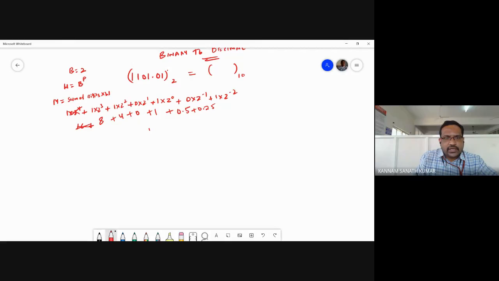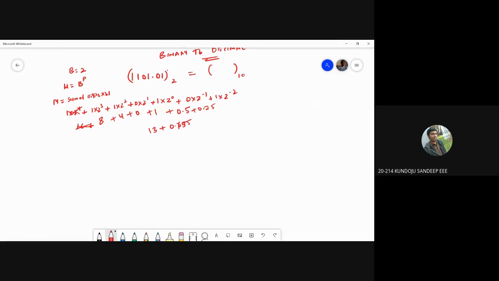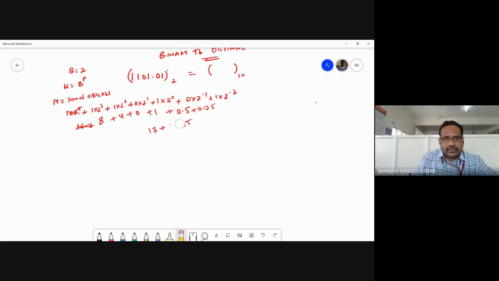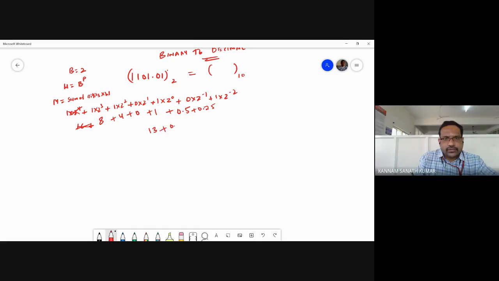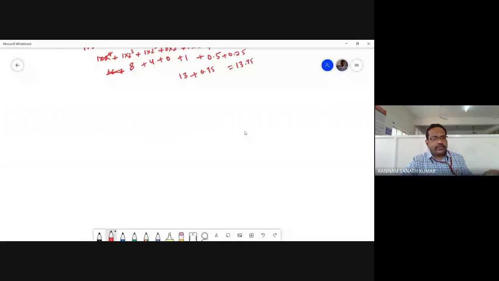So this is how much? 13 plus 0.75, no? 0.75. Am I audible, students? Yes, sir. 0.75. So this is 13.75. Okay, so this is how you need to convert the binary value to the decimal value.